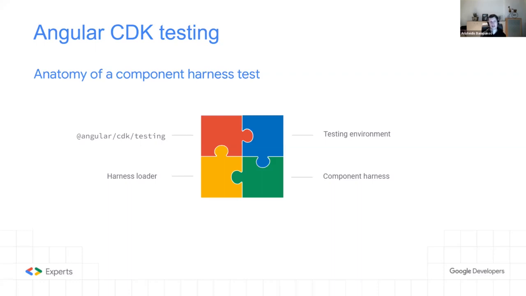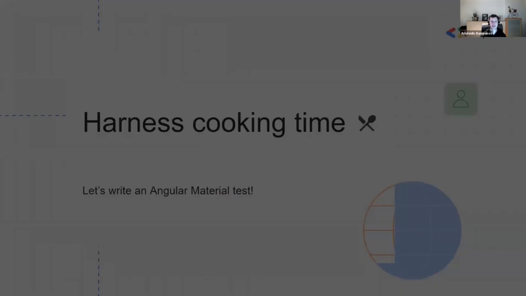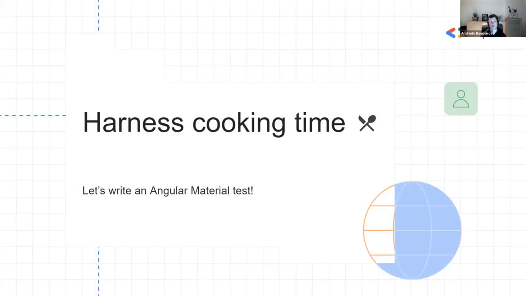So let's see some examples of how we can use component harness. We will start by checking an example. We will pretend actually that we are the users of the Angular Material library, and we want to test our components that contain some Angular components in their template.